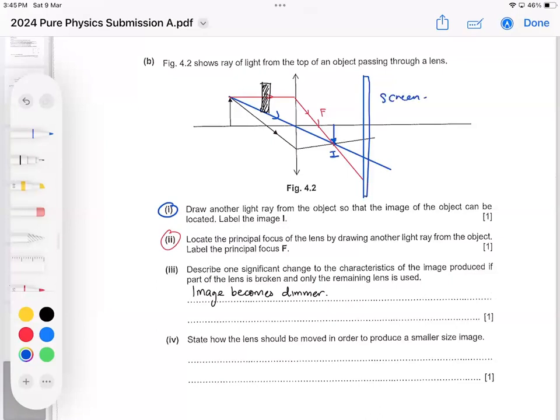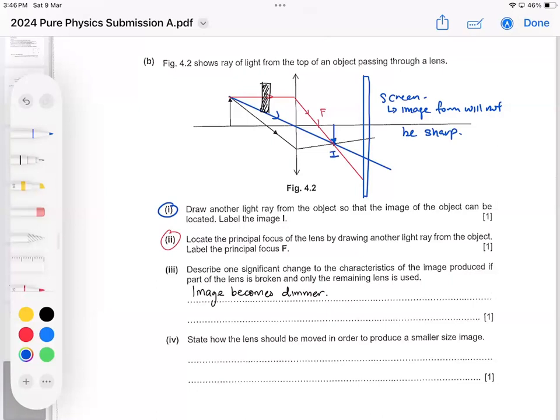You can see that in this case, the image captured on the screen will be a non-sharp image. Because the black line from the question, the blue line that I drew, and the red line that I drew cast the image of the top of the arrow at 3 different positions.